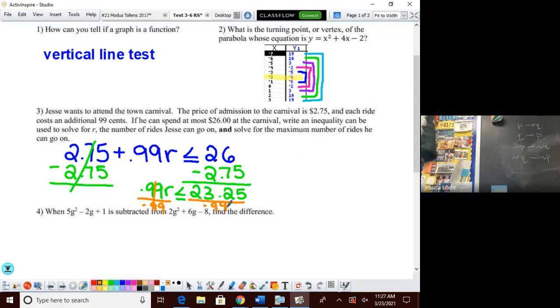When you do that, you get R is less than or equal to 23.48, and so on. Now it's asking for the maximum number of rides, so that's the biggest number that he could go on. He can go on 23 rides because that's less than 23.48. He cannot go on 24 rides because that is not less than. Okay, so 23 rides is your answer. Questions on that one?